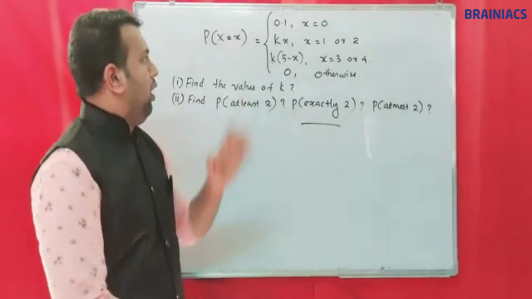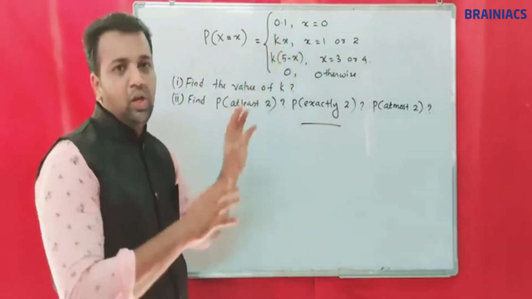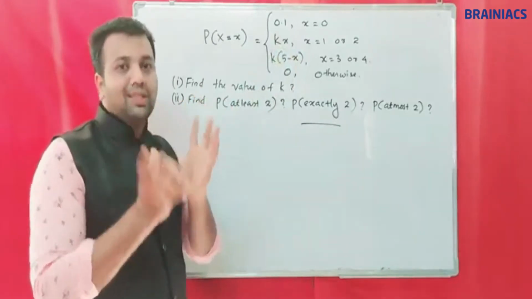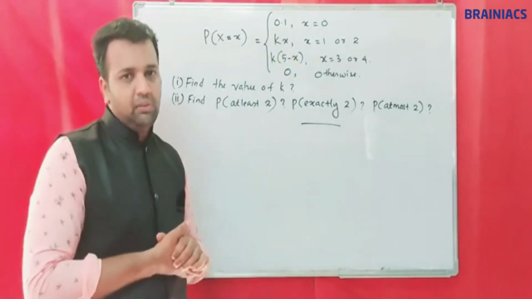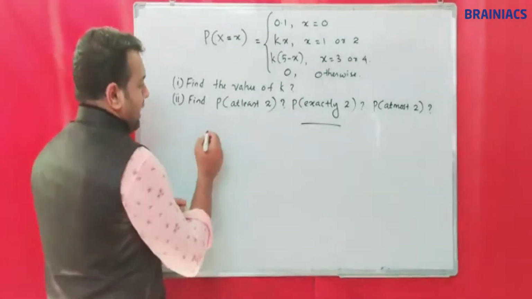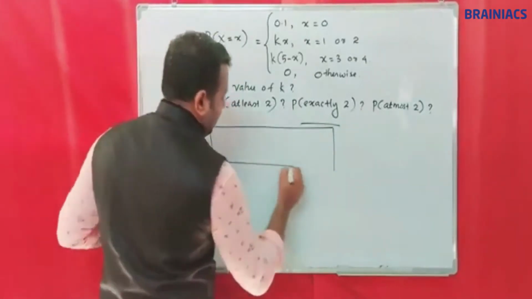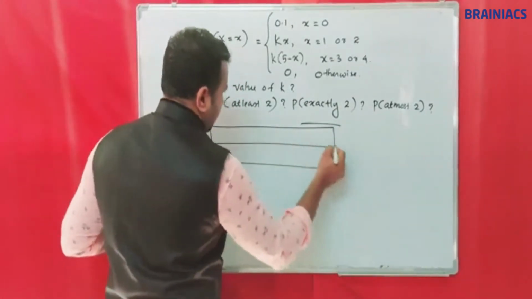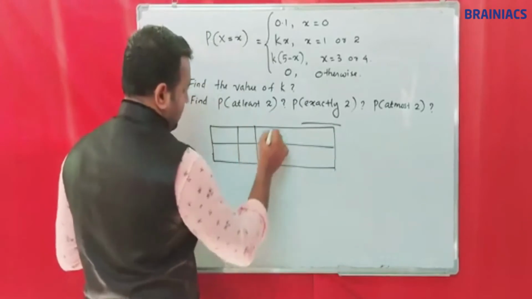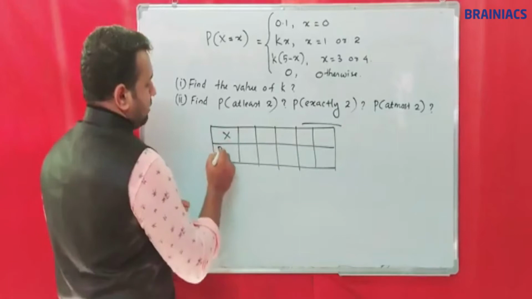At first, we have to convert these probability values into a probability distribution table. So we are constructing a probability distribution table: x, P of x.